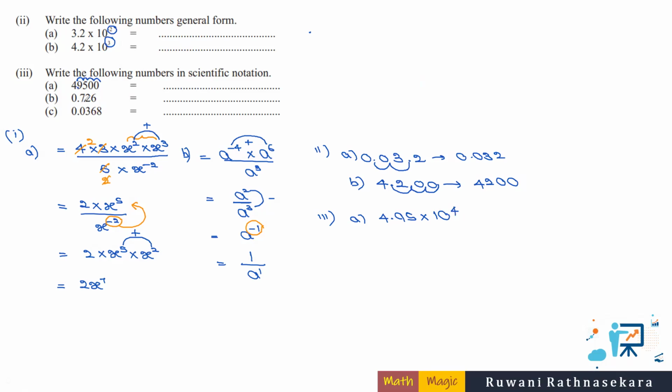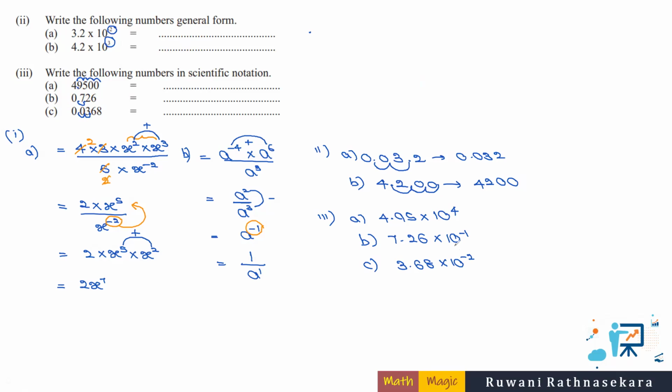Right? You leave the decimal point between 7 and 2, then you get 7.26 into. Since it's one place to the left, it should be 10 to the power minus 1. Part C. You leave the decimal point between 3 and 6, then you get 3.68 multiplied by 1, 2, 2 places to the left, 10 to the power minus 2.